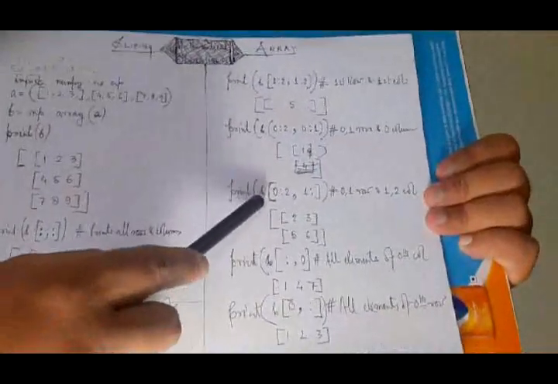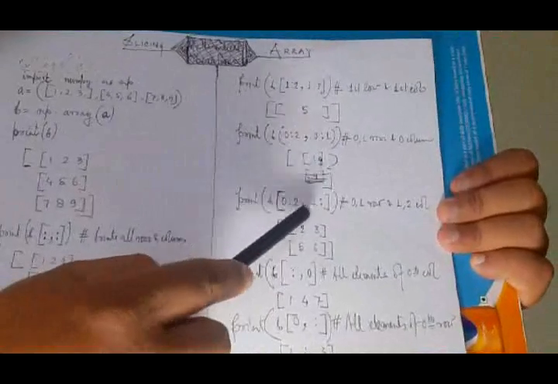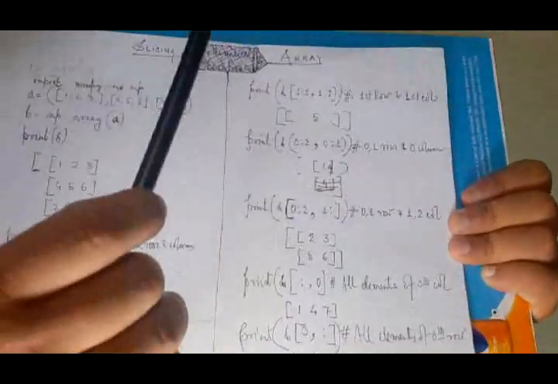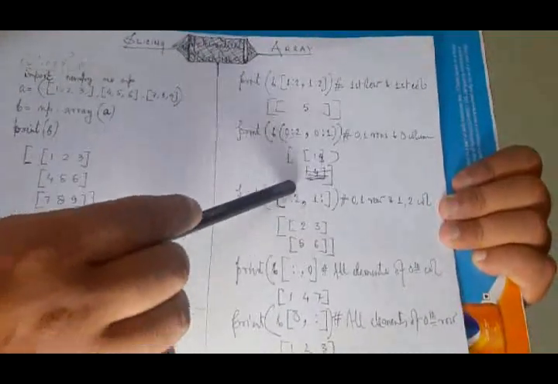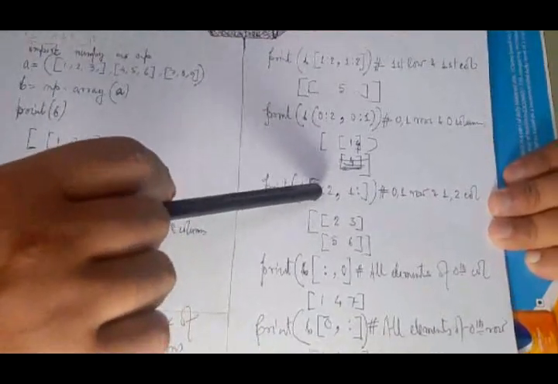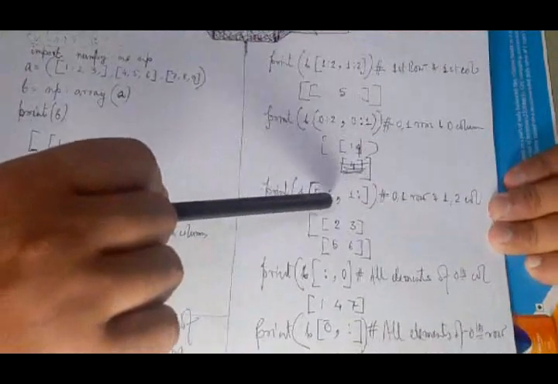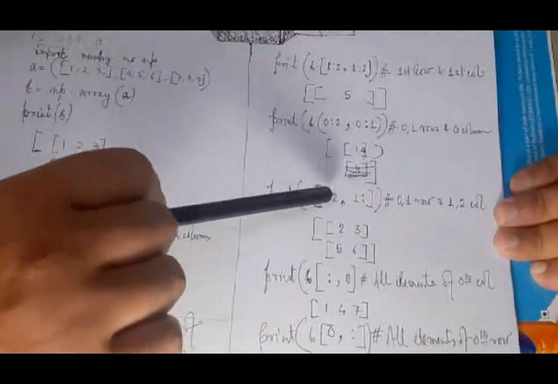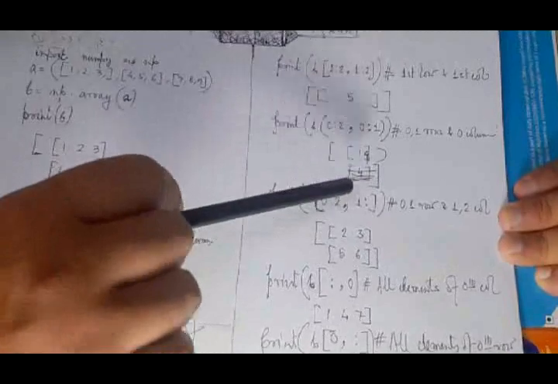Next, B[0:2, 1:]. In the range, the last value minus 1 should be taken.